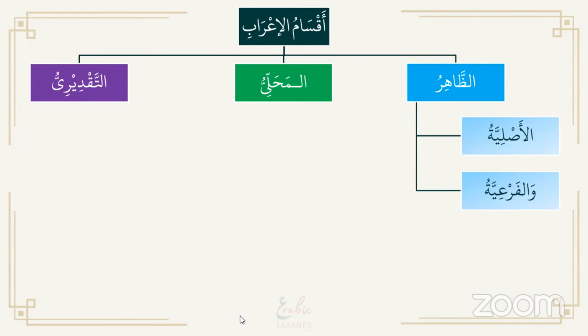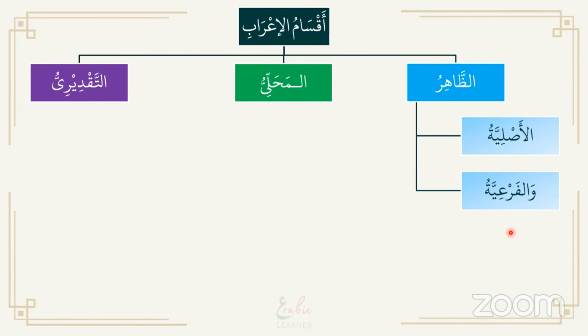It consists of Asliya and Far'iyya. Asliya are those words which have ending sounds. What are the ending sounds? Al-Dhamma, Al-Fatha, and Al-Kasra. Asli deals with ending sounds, and Far'iyya deals with ending combinations.